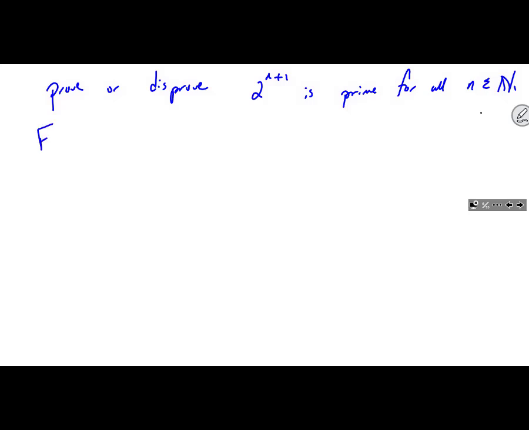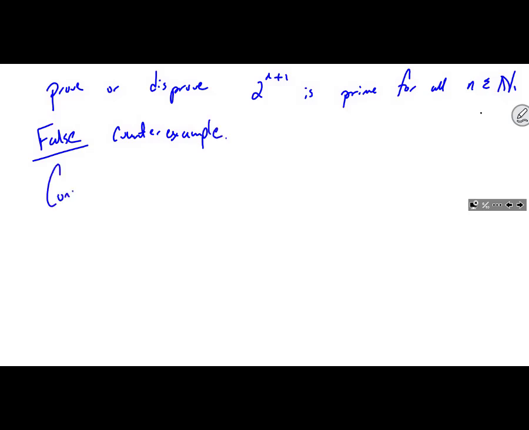So my claim is that this is false. And this is a classic example. A lot of times when we do proofs, we might try to prove something directly. But if it doesn't hold true, then we need to come up with what's called a counterexample, just one example, to show that this statement is not true. So let us provide what we will call a counterexample.